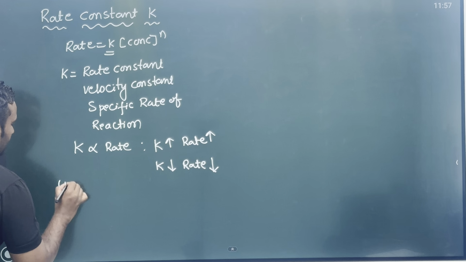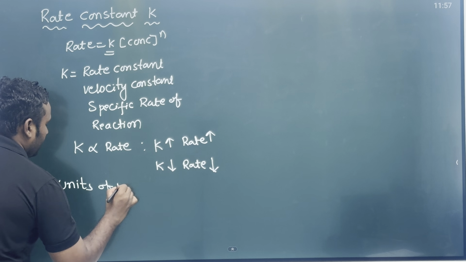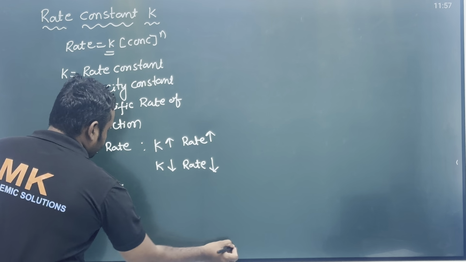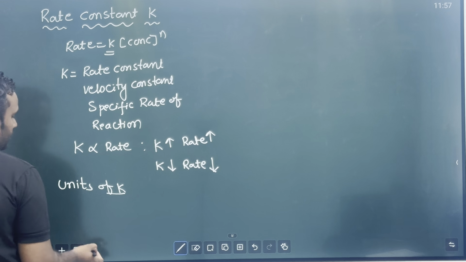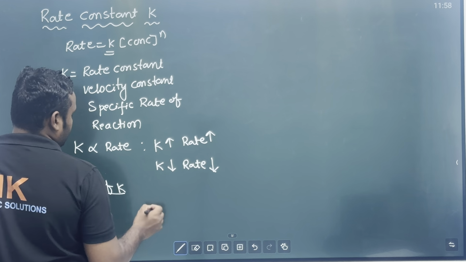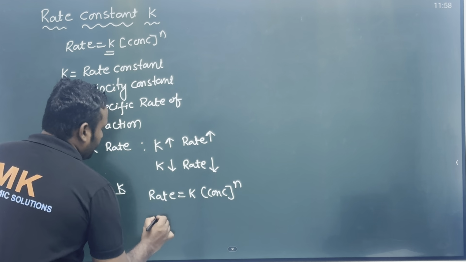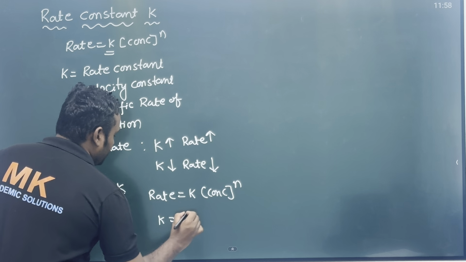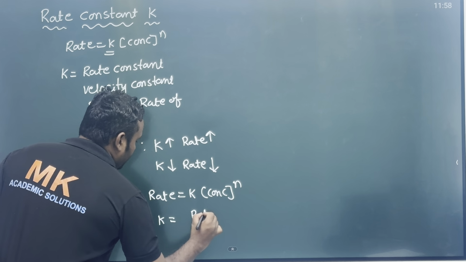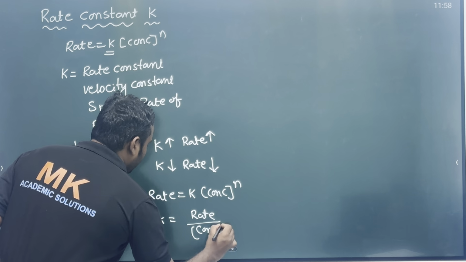And next, let us see the units of k. What are the units of k? So first you write the rate. Rate is equal to k into concentration to the power n, therefore k is equal to rate by concentration to the power n.